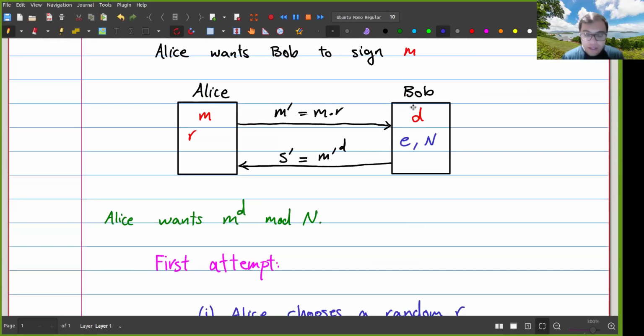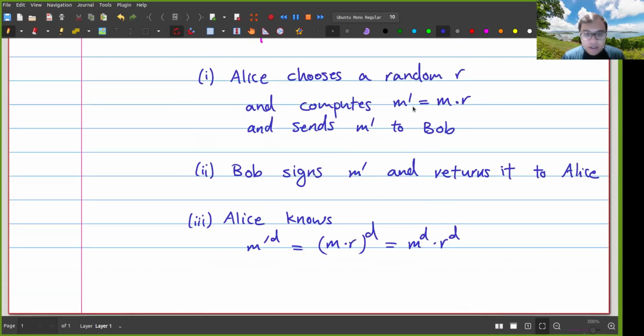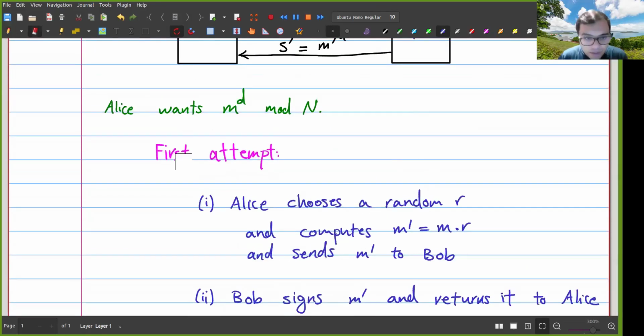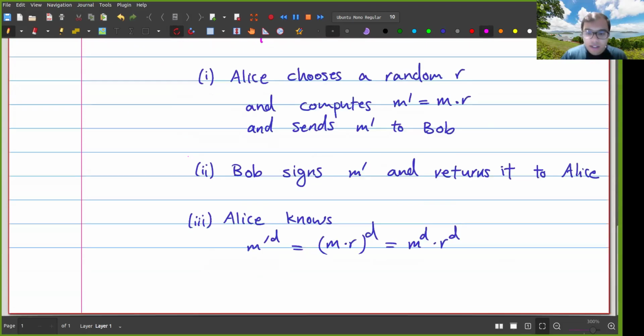Okay. But let's now change it a little bit. So this is now our second attempt. Look, the problem here is that I had to divide by something that I did not know.